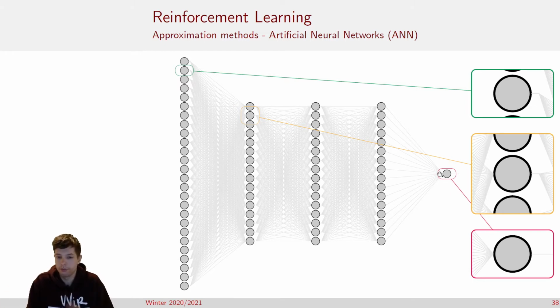For example, we have pictures of fruit and we want to find out which fruit is shown on the picture. Then we might have several output nodes indicating, for example, the probability of the fruit being a banana or the fruit being a cherry. In our case, of course, the output node is going to output our approximate value function.